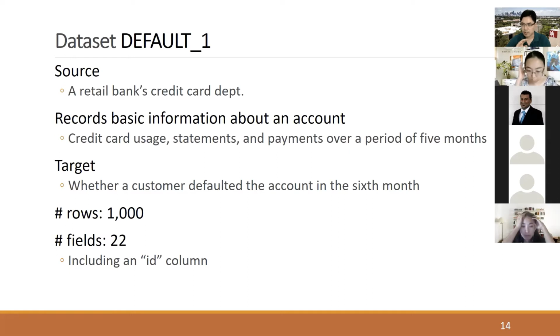It even includes a year of birth, so we can calculate age based on that. The target variable is whether or not the customer defaulted on the credit card account in the 6th month, following the 5 months that are recorded in the data set. This particular data set has 1,000 rows and 22 columns, including the ID column.